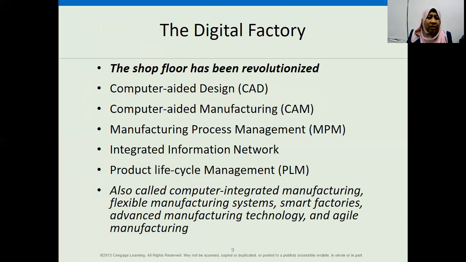Computer aided design, CAD, computer aided manufacturing, CAM, manufacturing process management, MPM, integrated information network, IIN, and also product lifecycle management, PLM. Also called computer integrated manufacturing, flexible manufacturing system, smart factory, advanced manufacturing technology, and I think agile manufacturing.